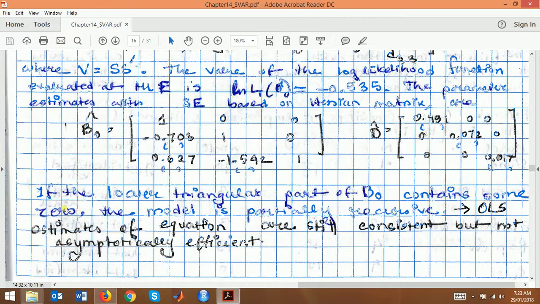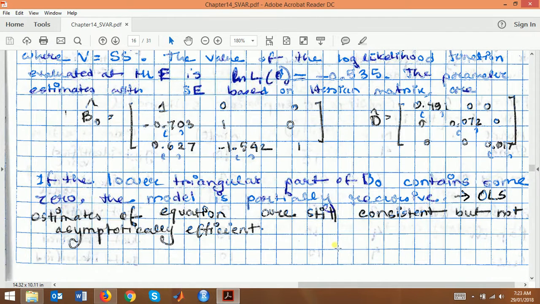So if the lower triangular part of beta naught contains some 0, the model is partially recursive. So if there is any 0 here, it's partially recursive. OLS estimates of the equation are still consistent but not asymptotically efficient, yet maximum likelihood estimation is not required as I can recall, and OLS is sufficient if you have a recursive structure in the system.